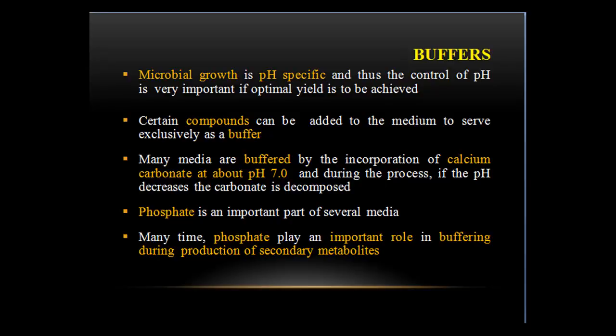Many media are buffered by the incorporation of calcium carbonate at about pH 7, and during the process, if the pH decreases, the carbonate is decomposed. Phosphate is an important part of several media. Many times, phosphate plays an important role in buffering during production of secondary metabolites.